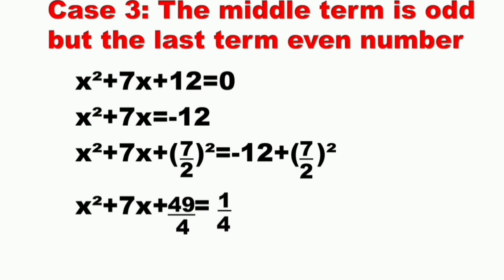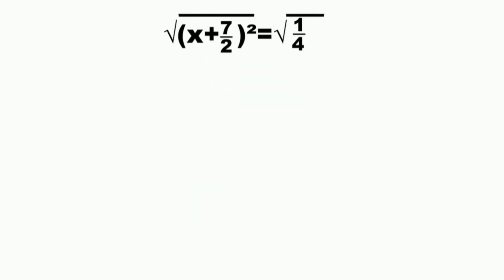Then we can get the factor of the left side of the equation as x plus 7 over 2 squared equals 1 over 4. Take the square root of both sides of the equation.